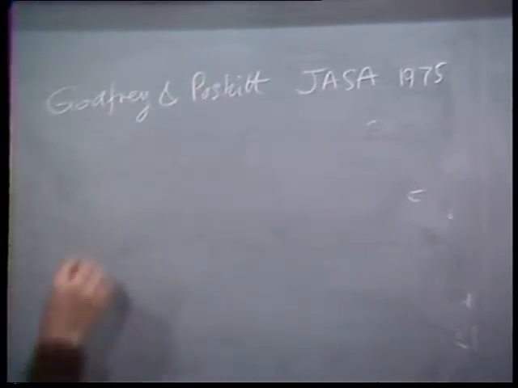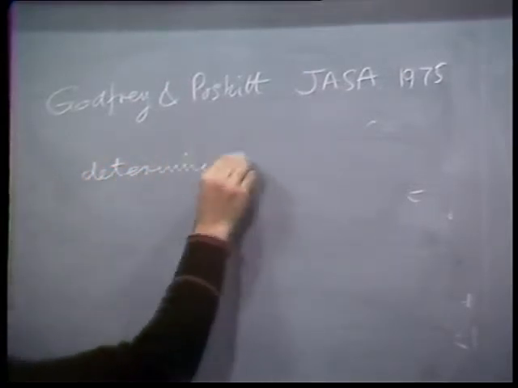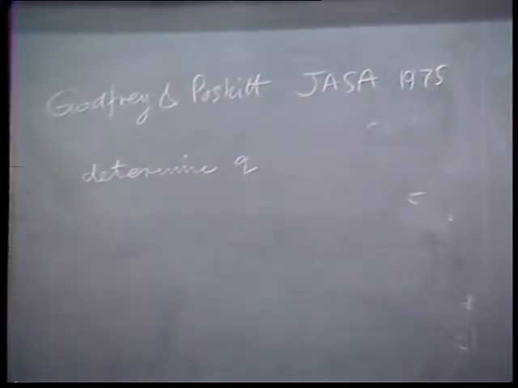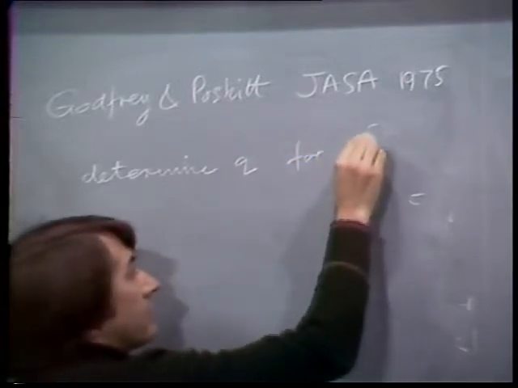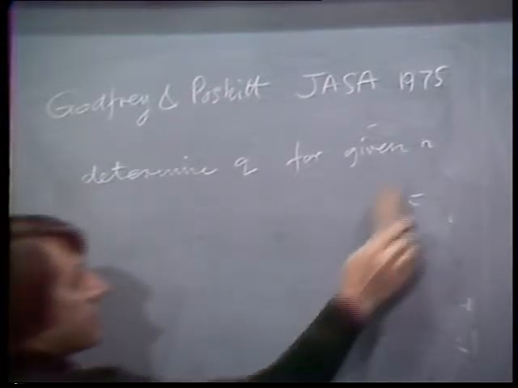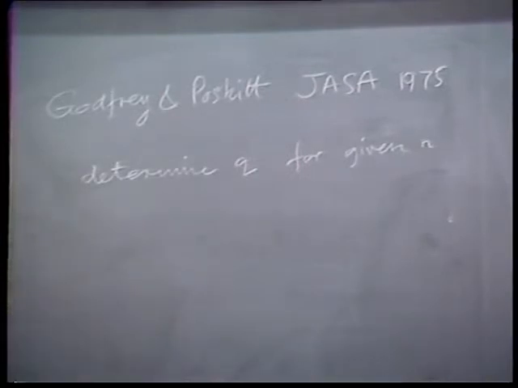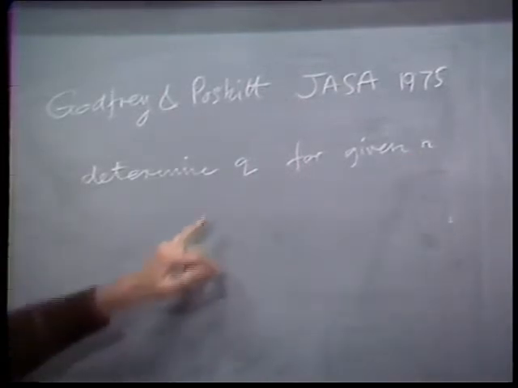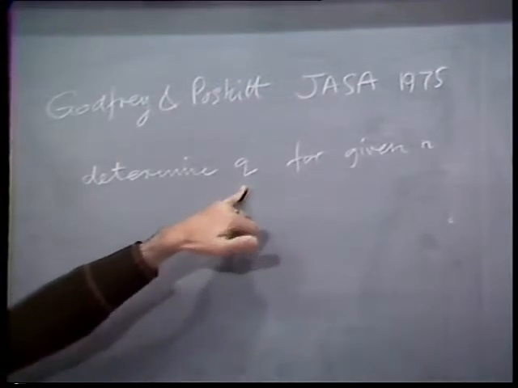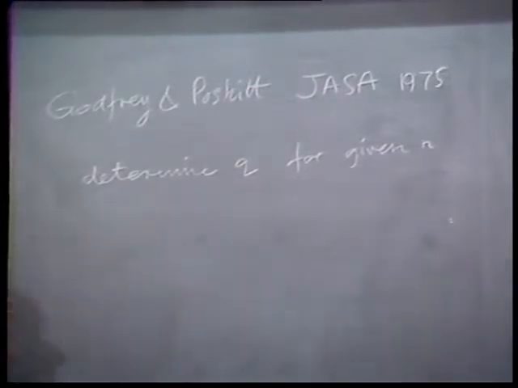And they consider the problem, how can we optimally determine q, and that is the order of the polynomial, for a given value of n. So they're assuming that you're in a situation where you do in fact know the maximal lag, n, but how in that context can you optimally determine the order of the best approximating polynomial, or the best polynomial to give you the lag up to order n.